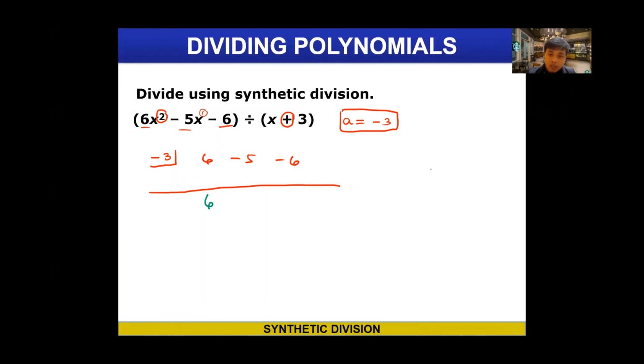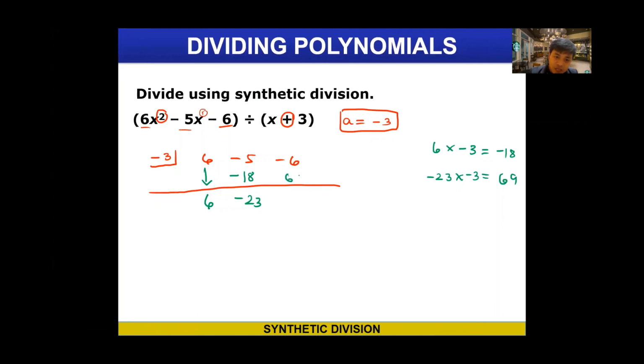And then we will just multiply 6. So I just bring this down and then multiply 6 times negative 3, which is negative 18. We will place it here. And then we add negative 5 plus negative 18, which is negative 23. And then we have to multiply once more, negative 23 times negative 3, and this gives us positive 69.